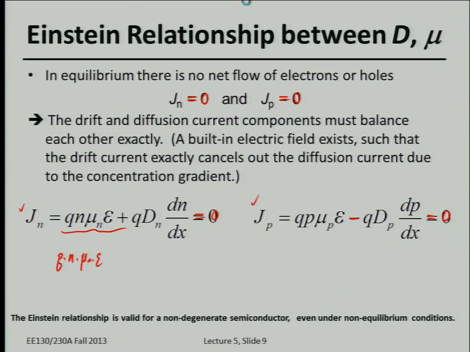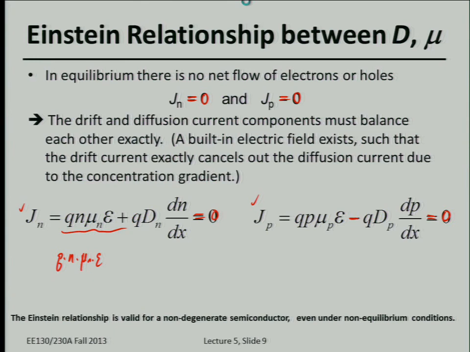If we revisit that, we see that we can cancel out most of the terms. The gradient and the electron concentration cancel out each other in the drift terms, as does the charge q. Then the only things left are the mobilities.